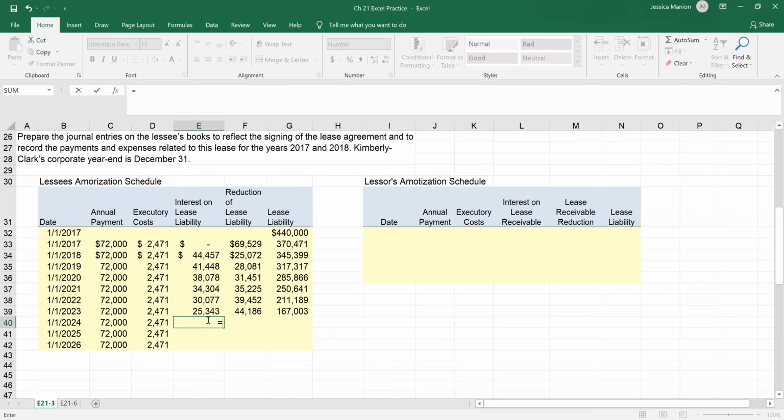equals 167,003 times 0.12. And now we're down to carrying value 117,514 equals 117,514 times 0.12.